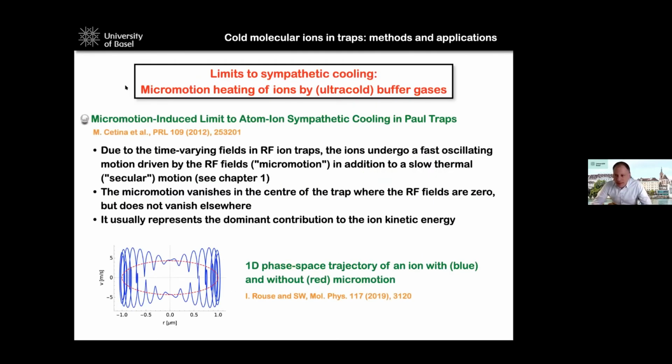That brings me to my next topic, which is also associated with these different collisional processes in the traps. That is the question: how well does this cooling of the ions by the ultracold atoms really work? Or in other words, are there any limits to this sympathetic cooling exerted by the ultracold atoms on the ions?